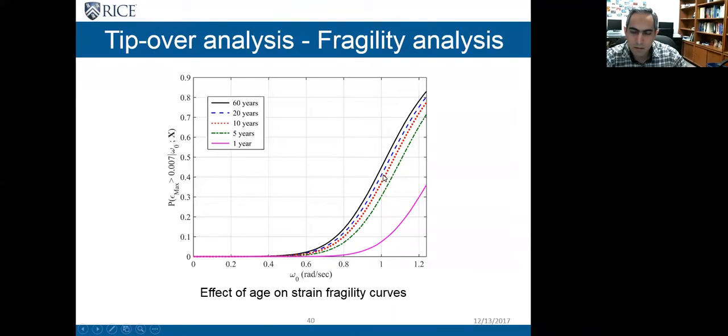However, the main variations in the fragility happen during the first 10 years of service. And that's because the model that I showed takes into account the steel material properties. And as I mentioned before, the main variations of the steel material properties happen during the first 10 years, and the fragility curves show the same trend.